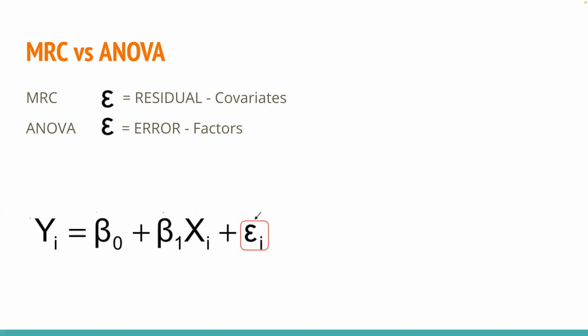And why MRC and ANOVA fit together within the general linear model is that there's a conversion point between the two. You can convert t-tests to correlation coefficients and vice versa. That's going to bridge the two different methods. You can easily jump between the two if you know how to do that.